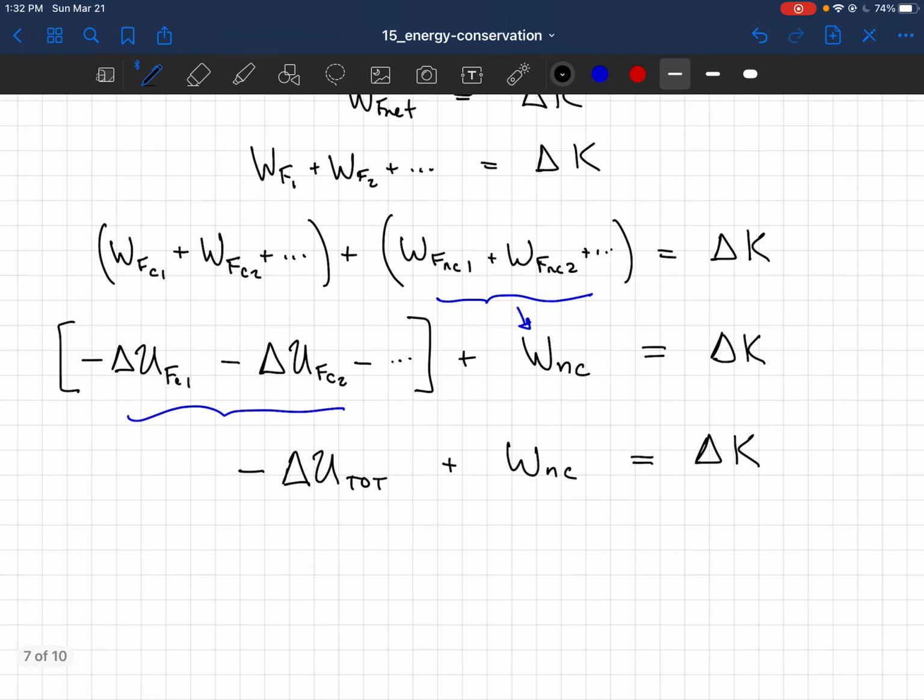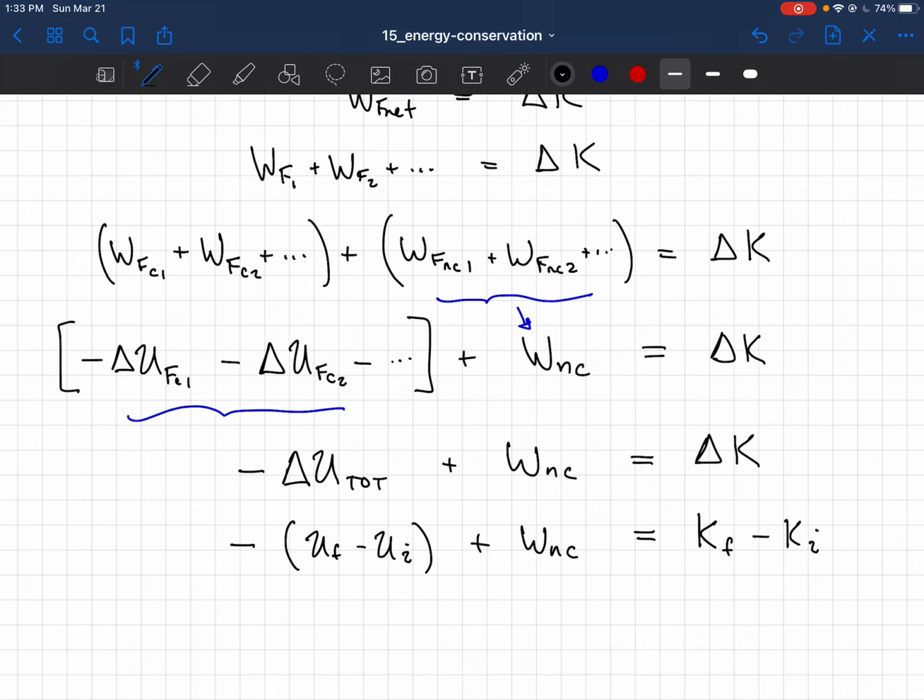So what does this equation mean? Well, it means that we have minus U final minus U initial. That's what delta means. We have the non-conservative work. And on the right-hand side, we have the final kinetic minus the initial kinetic. Well, I can group this entire thing into an initial and a final side.